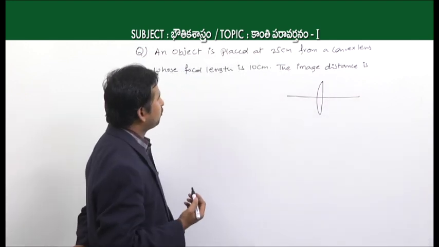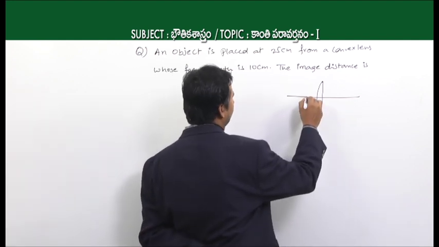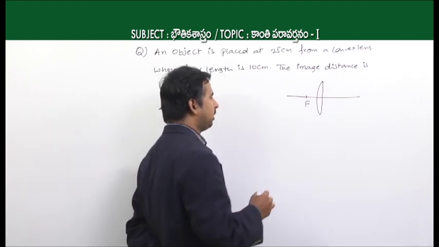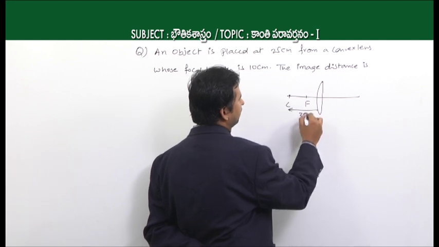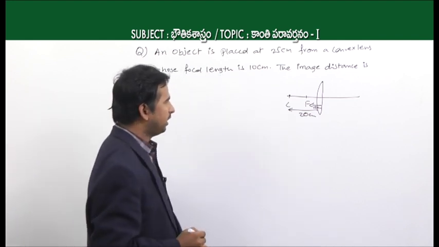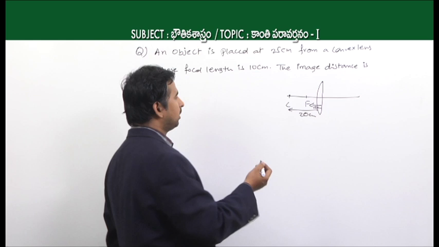Here the object is placed at 25 centimeters, and the focal length is 10 centimeters. As the focal length is 10 centimeters, the center of curvature position becomes 20 centimeters, that is, F is at 10 and C is at 20 centimeters. But if you observe, the object is placed beyond the center of curvature.